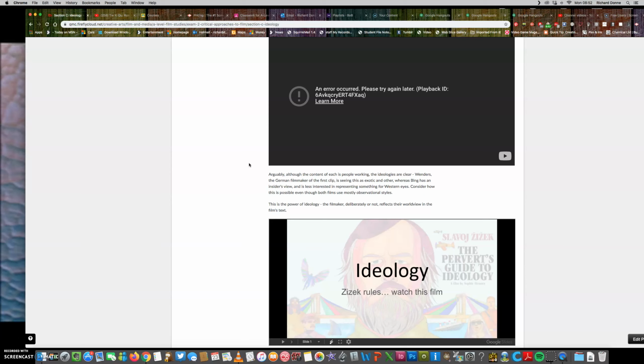It's not looking at the spectacle of steel workers in the same way that Wenders is looking at the spectacle of waxwork. It's looking at this quite hectic job that these people have to do, and it's just cataloguing it. So it's not fascinated, but it's interested and it's observing. So there's an ideology at play there.